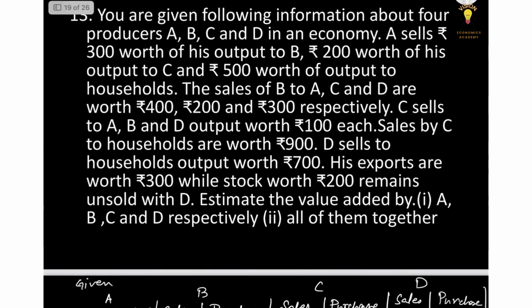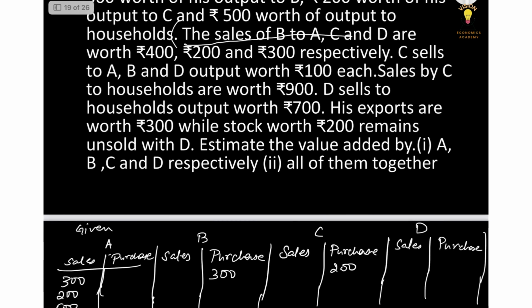Now the sales of B to A, C and D are worth 400, 200, 300.